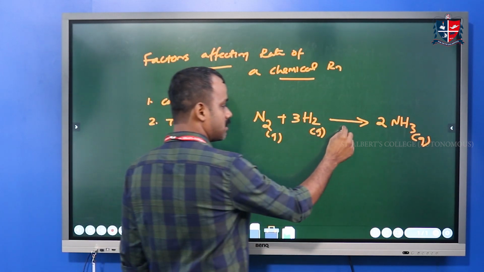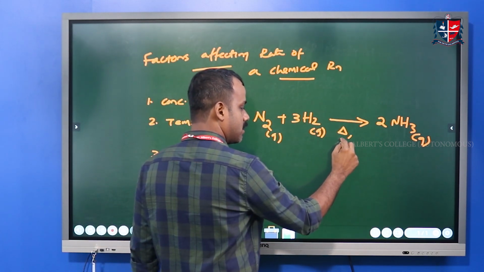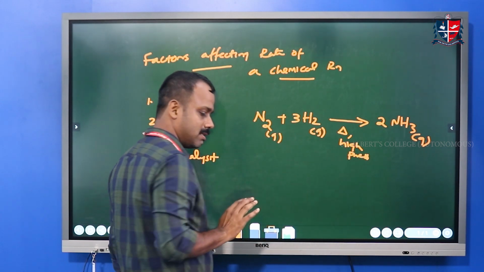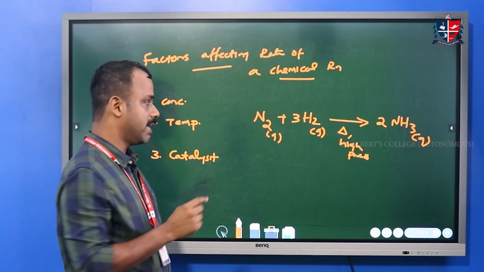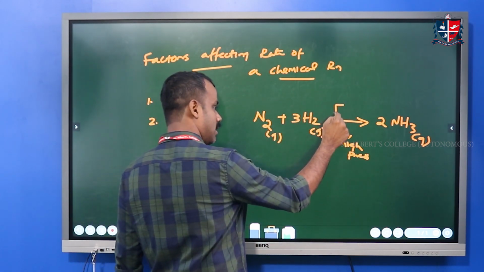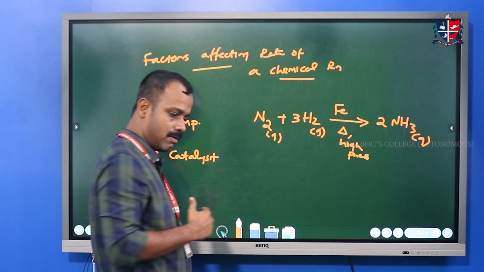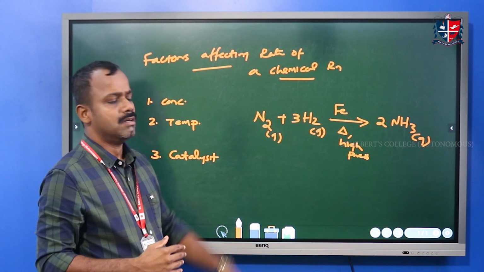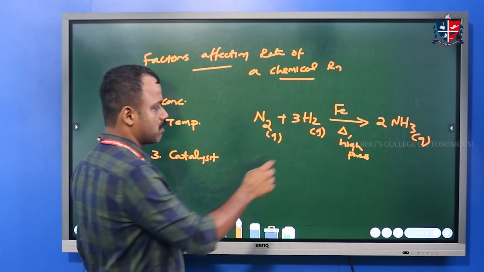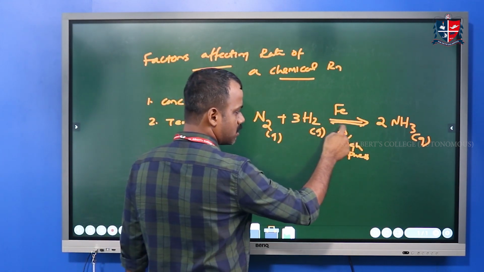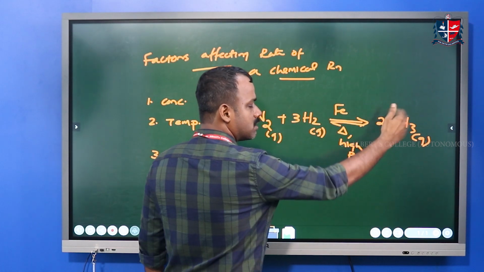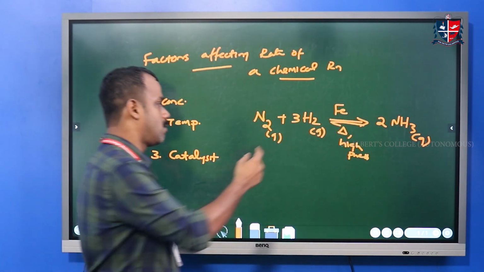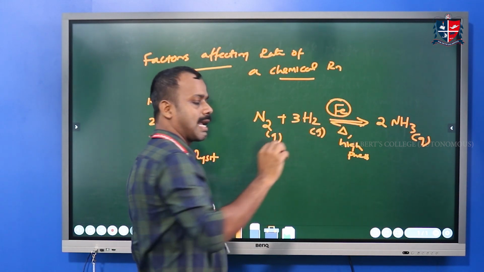Suppose we increase the temperature and increase the pressure, then also the reaction rate will be low. But if we introduce a catalyst like iron, then the reaction will take place so rapidly and we get ammonia. And this process is a reversible process, so we have to remove the product as soon as it's formed. So here the role of iron is a catalyst.